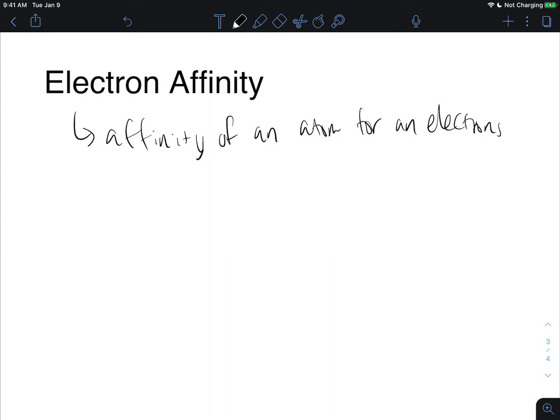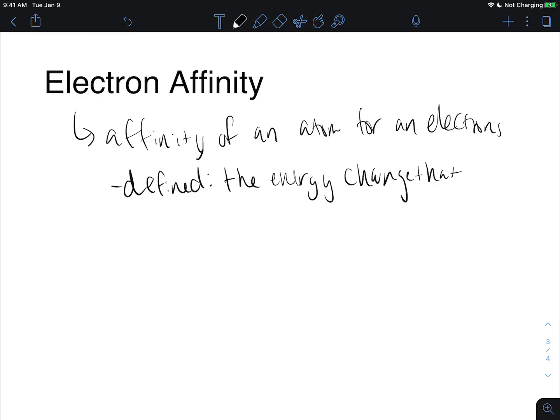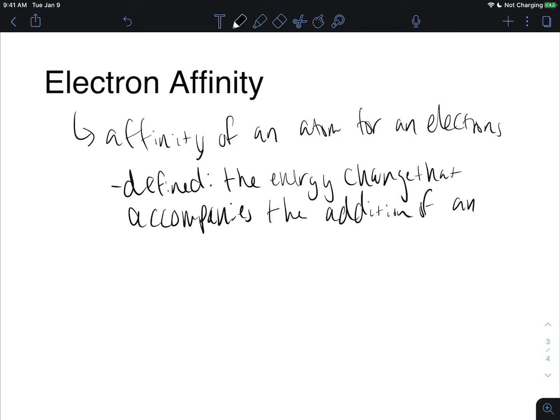It is actually defined as the energy change that accompanies the addition of an electron to a gaseous atom or ion.